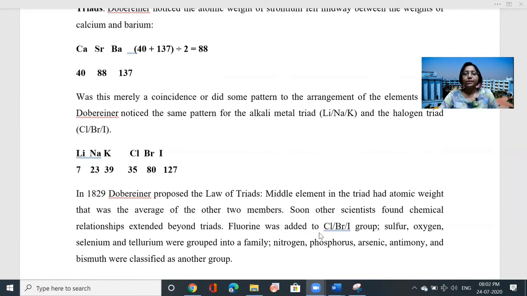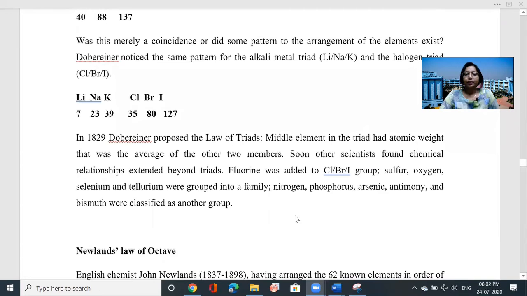Fluorine was added to the chlorine, bromine, iodine group. Sulfur, oxygen, selenium, and tellurium were grouped into a family. And nitrogen, phosphorus, arsenic, antimony, and bismuth were classified as another group. So scientists made different groups.